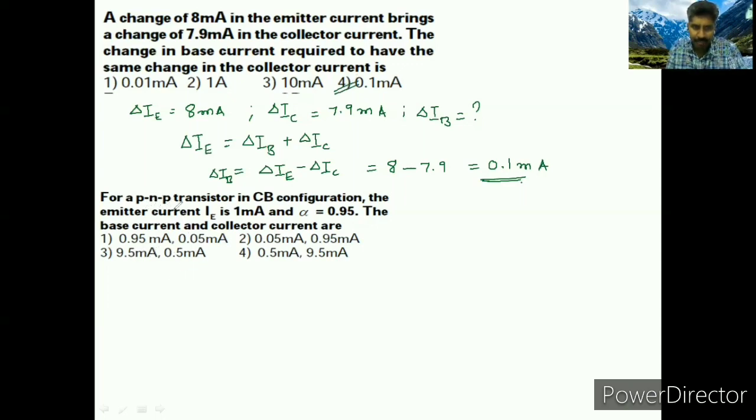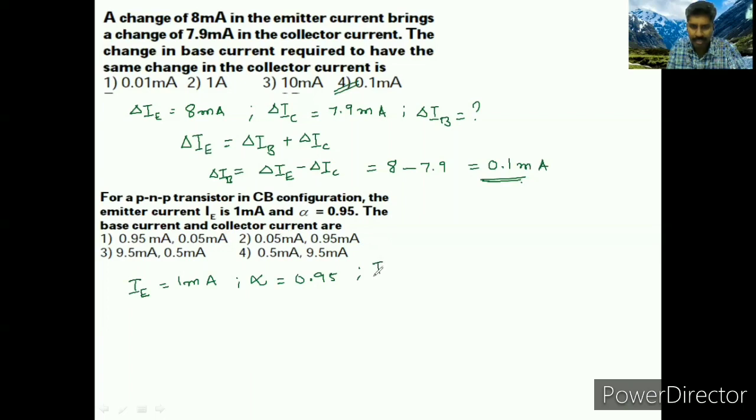For a PNP transistor in a common base configuration, the emitter current IE is equal to 1 milliamp and alpha is equal to 0.95. The base current and collector current are how much?